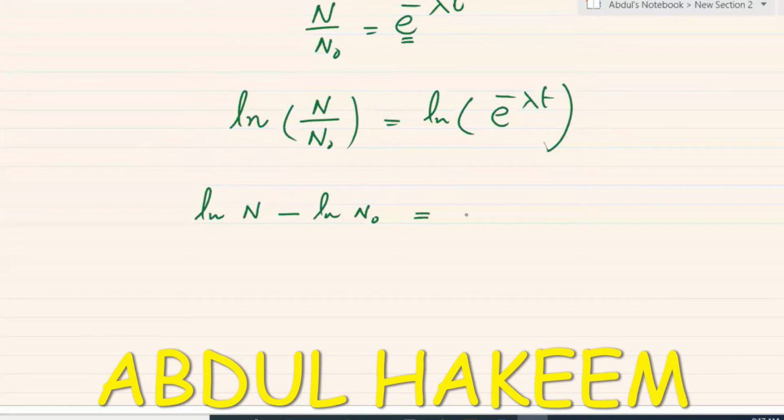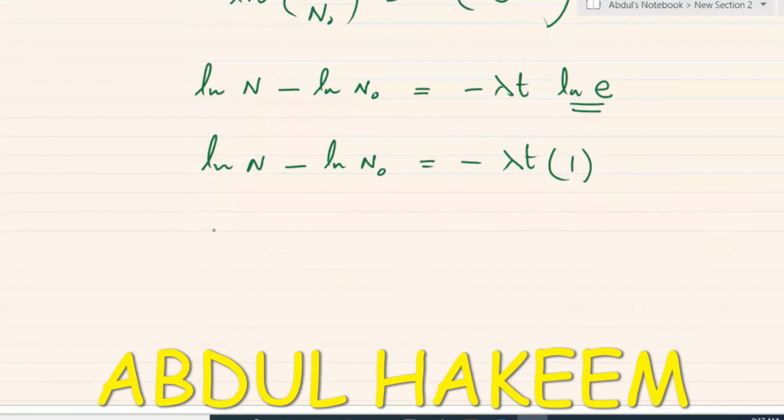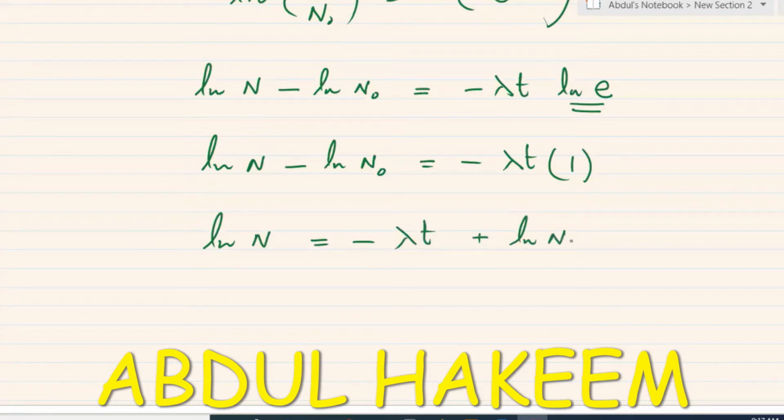The power minus lambda t will come first, and then it becomes ln e. So ln N minus ln N naught equals minus lambda t, and this ln e is 1. So we can write this equation as ln N equals minus lambda t plus ln N naught.